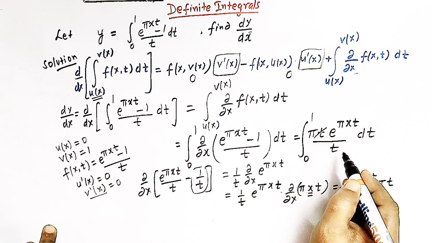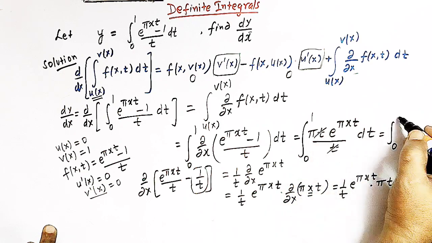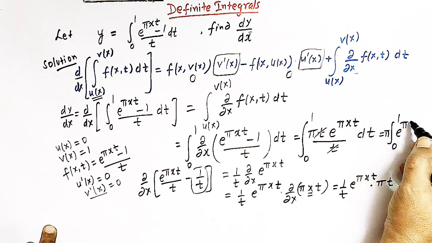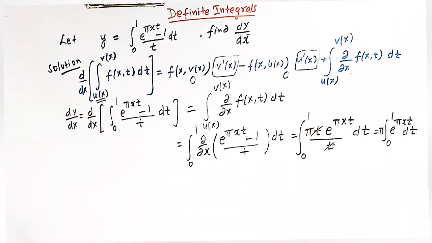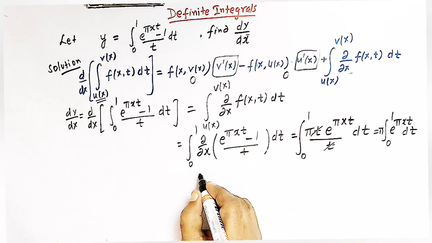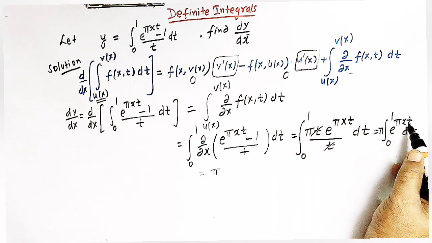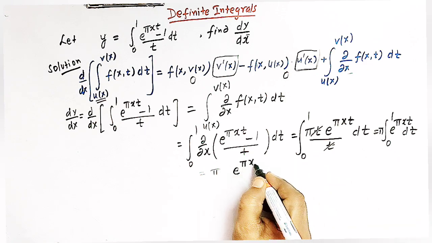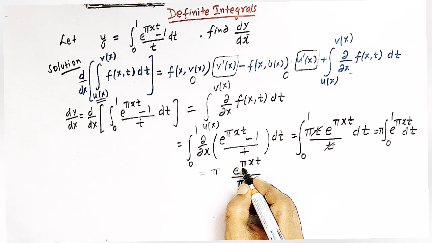So now this t and this t get cancelled. So we have 0 to 1 taking pi outside the integral, and we have e raised to pi xt and dt. So now the integral of this function e raised to pi xt with respect to t is simply e raised to pi xt divided by pi x, right?